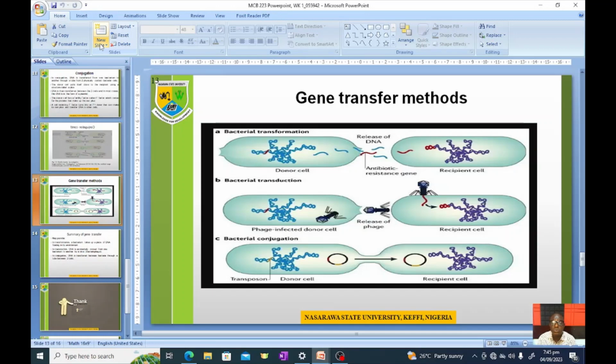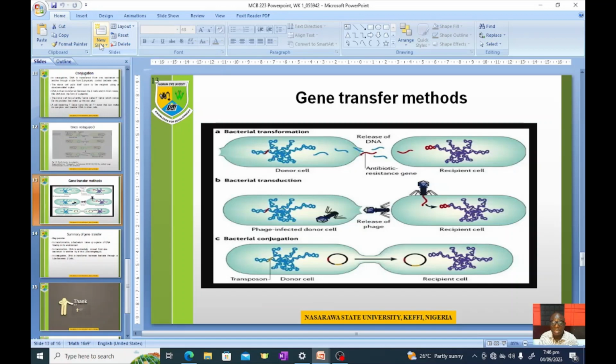Now the B, which has to do with bacterial transduction: you can see the cell on the left being infected with a phage, and the one on the right initially did not have it, but because the first has let loose the phage, as I said earlier, either by lysogeny or by the lytic cycle, it now introduces the phage, or the genetic material with the help of the phage, into the bacterium that did not have it, and upon receiving it, it will be incorporated into the chromosomal DNA of the recipient following replication.